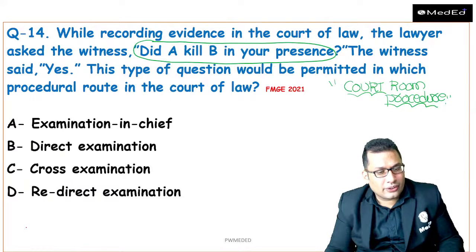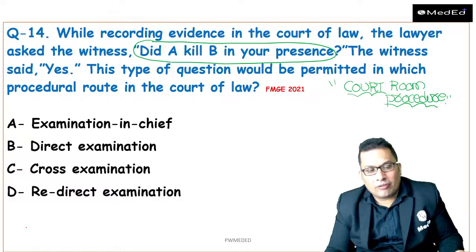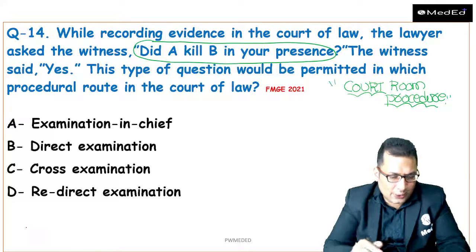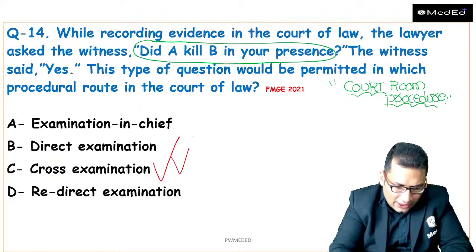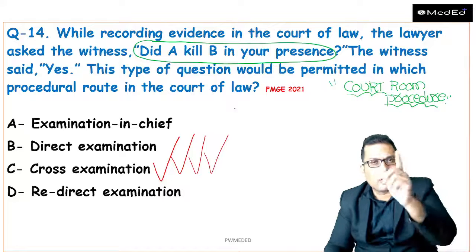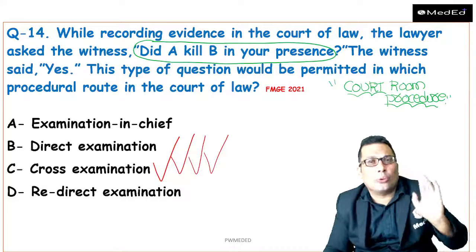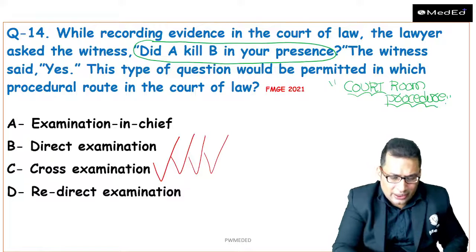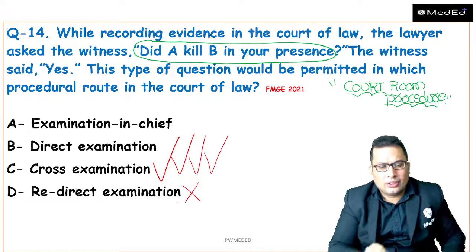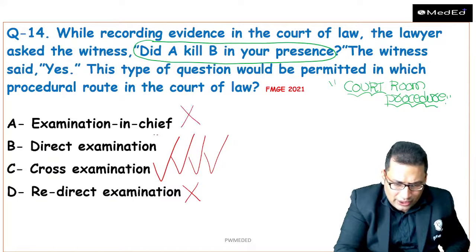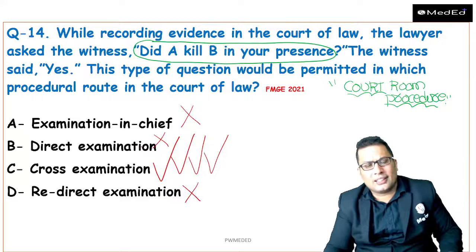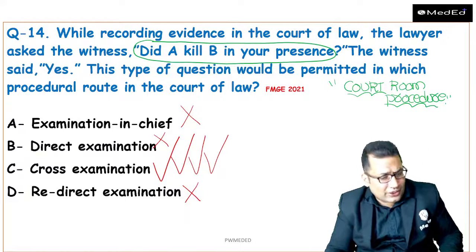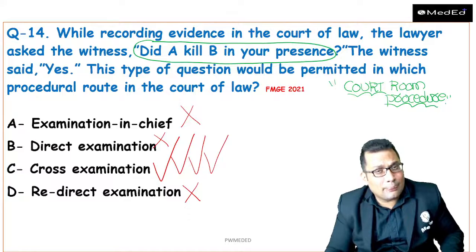The answer can be either yes, I was there, or no, I was not there. Witness said yes. This type of question would be permitted in which procedural route in the court of law? The answer should be cross-examination. In cross-examination, leading questions are allowed. Okay, the answer is C, not the re-examination, not the examination-in-chief, not the direct examination. Best answer is cross-examination.